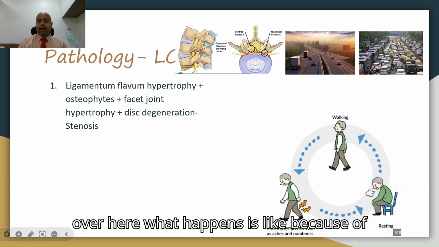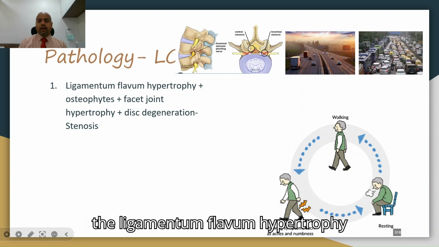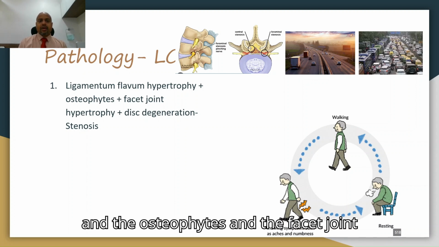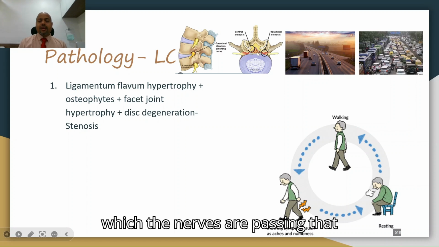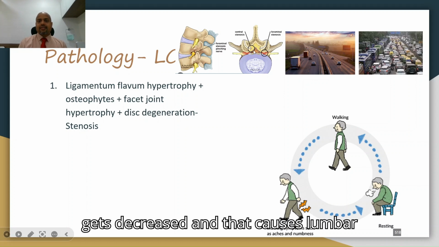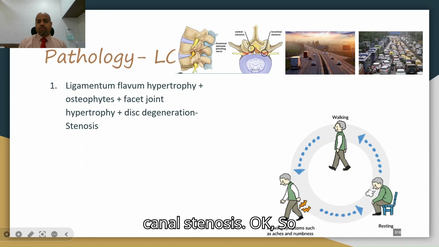Similarly, over here, because of the ligamentum flavum hypertrophy, the osteophytes and the facet joint hypertrophy, the area through which the nerves are passing gets decreased, and that causes lumbar canal stenosis.